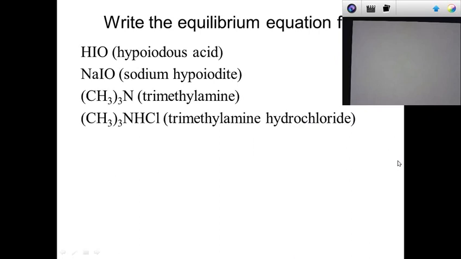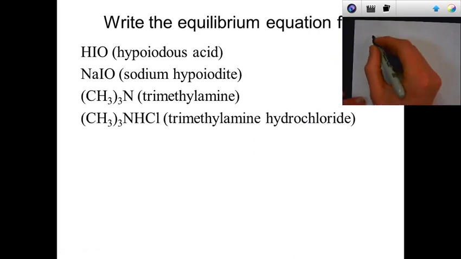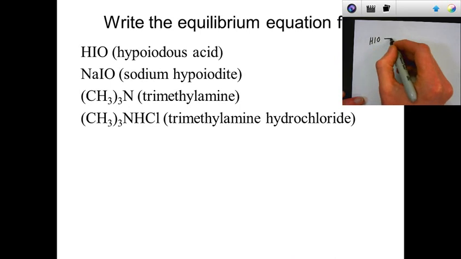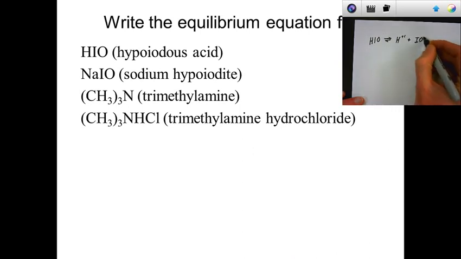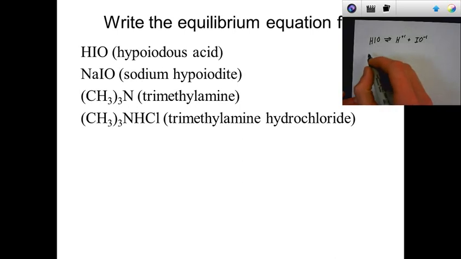When we write the dissolving equation for these, what we imagine is the first one, it says acid in the name. We're going to make it do its acid reaction. That means equilibrium, giving us the hydrogen ion, and what's left? The hypoiodite ion. That's the reaction. Sodium hypoiodite, I can tell by looking at it, is a salt. And the sodium comes from a strong base, so I know it's a spectator ion.